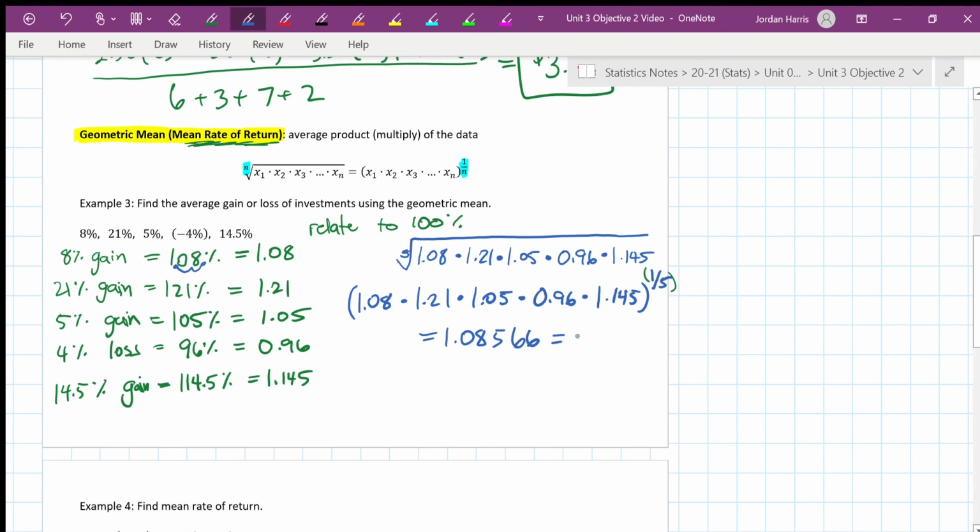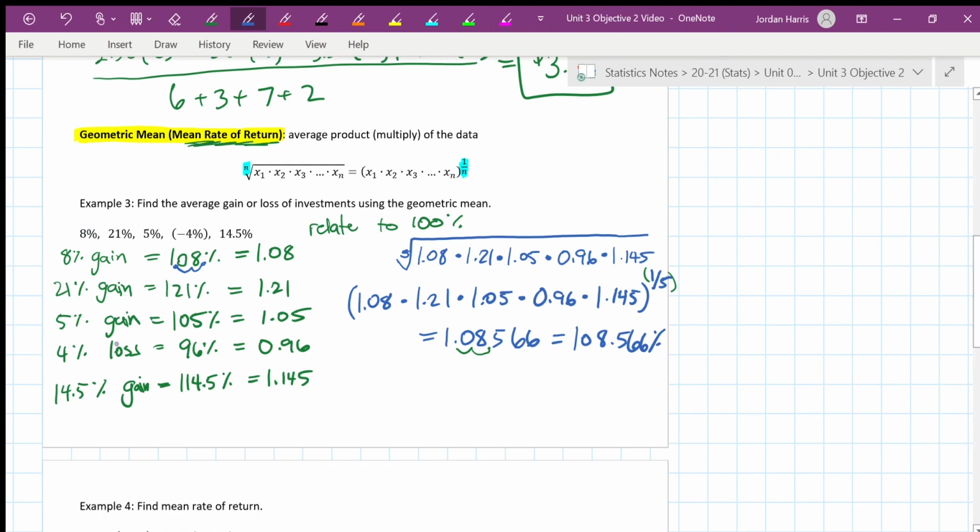Okay. So that would be, in percent form now, 108.57%. Or I guess I won't change it yet, 108.566%. Just moving the decimal twice to the right puts it into percent form. But we want to know, what is our average gain or loss? So I need to convert that into what the original thing was.